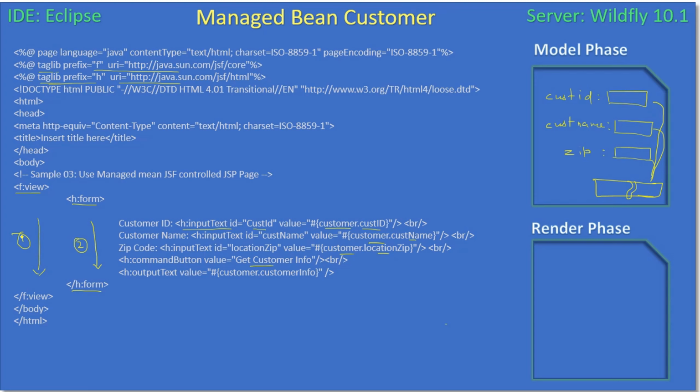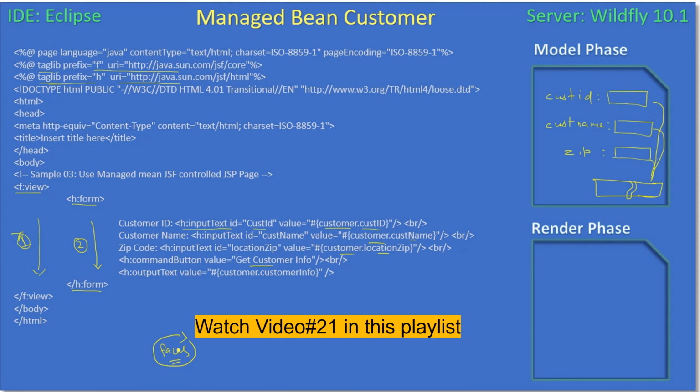So for the first time when the form is displayed, when the execution goes here, it knows that there is an input ID. Remember, the execution goes through the faces servlet, right?